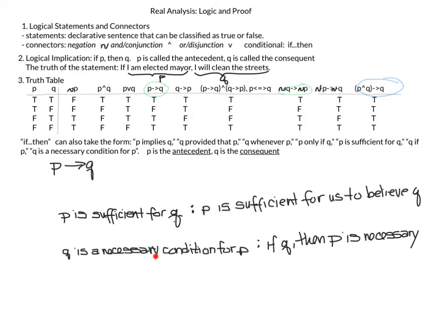And P is sufficient for us to know that Q has occurred. So this is a sufficient condition versus a necessary condition. That's something you want to be very clear on.